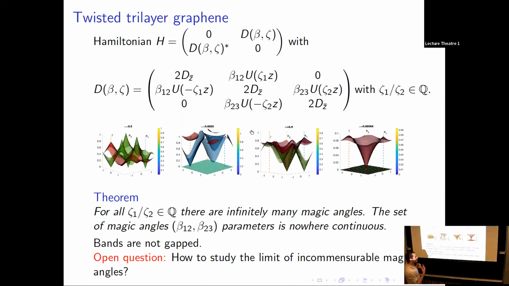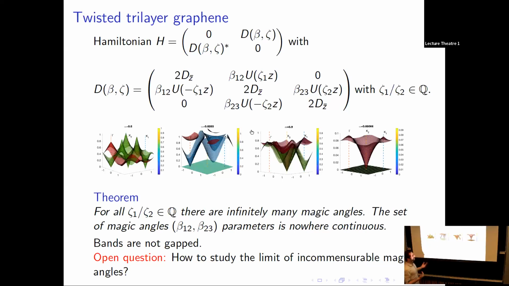But the question is, are they continuous in the twisting angles? That's something maybe you would hope if you would try to do some sort of irrational theory. So if you have non-commensurable angles, the idea for, let's say, all these quasi-periodic operators is that you approximate with rationals. And it turns out, no, this set of beta, so fixing a twisting angle, approximating an irrational ratio, is nowhere continuous actually.